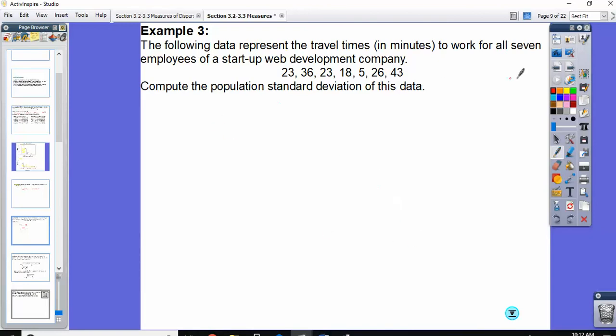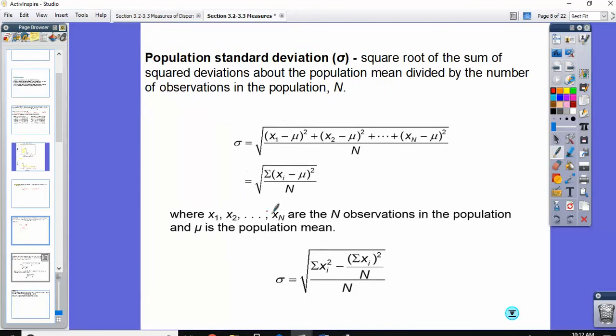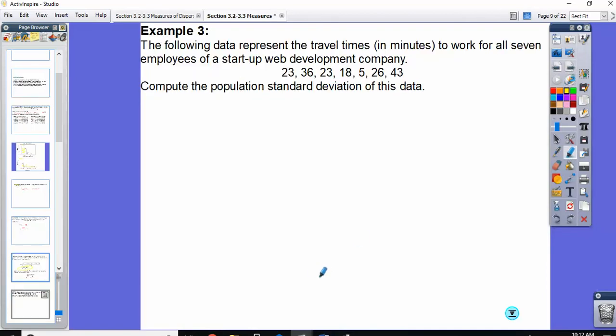I'm going to use this first formula, and I want to find standard deviation for that set of data. Please don't clear out this data in your L1 and L2 right now. We're going to go back to that. We're just going to use the calculator part.